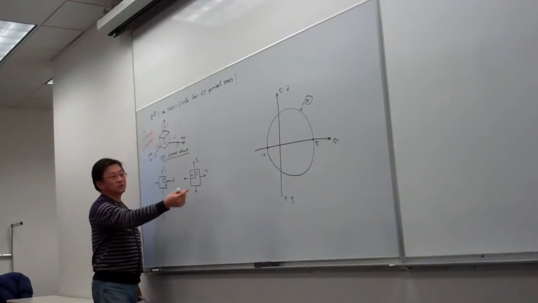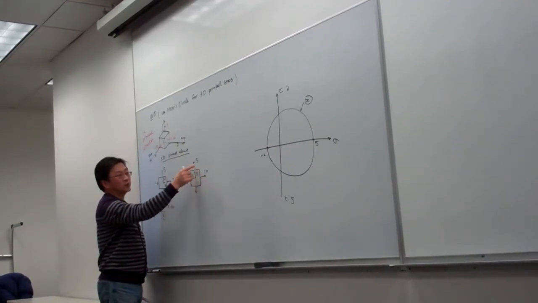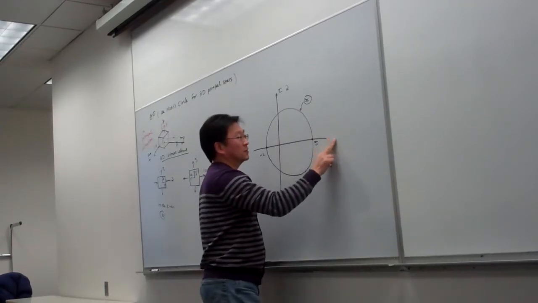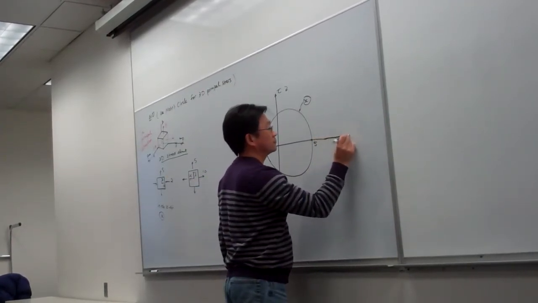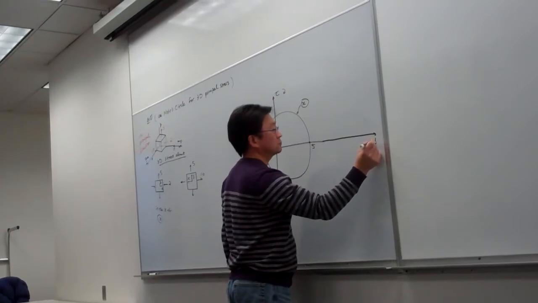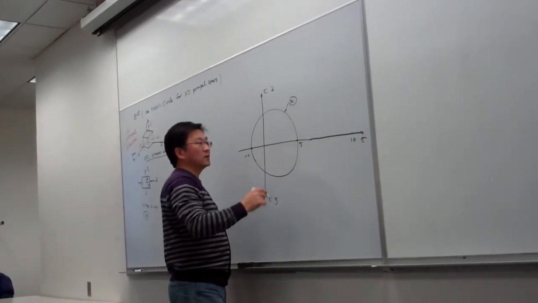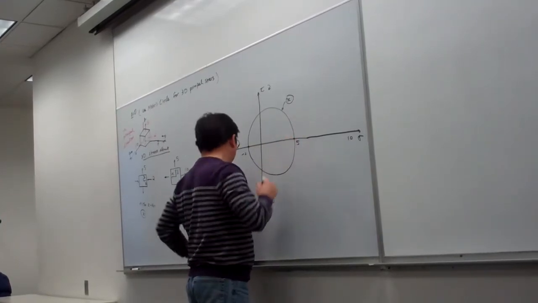So here you can see the normal stresses. These are the principal stresses: one is 5, the maximum is 10. Let me enlarge here. So 10 is here, and the corresponding circle is this.